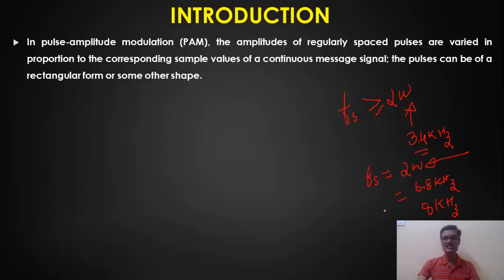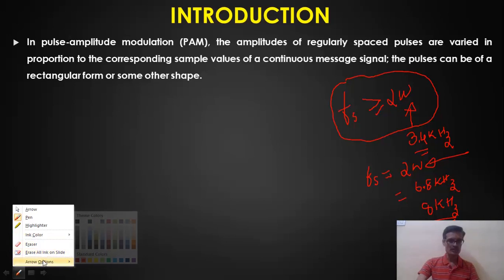That is, 8,000 samples we have to take per second so that you can convert the analog signal into digital form, and so that you can reconstruct the signal in the receiver and get back the original analog signal. So this is the standard frequency they use, or in general, the sampling theorem says the sampling frequency should be more than or equal to 2 times the highest frequency in the message spectrum. Right?